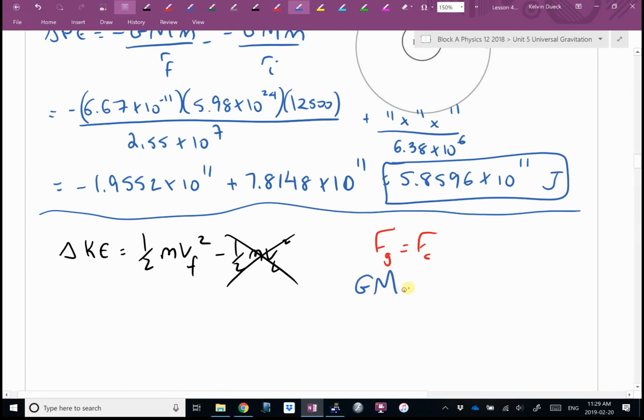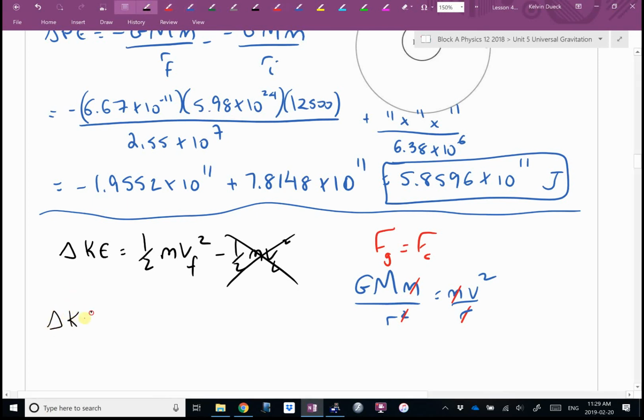Big G, big M, little m over r squared equals m v squared over r. Little m cancels, yes. One of the r's cancels. And then I was going to take the square root, but then I said, wait, isn't there a squared on this v here too? Then you know what? V squared right here is big G, big M over R. I'll just replace it in there as a temporary holding.